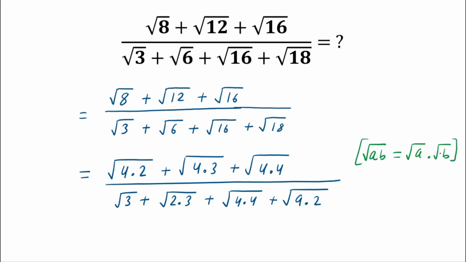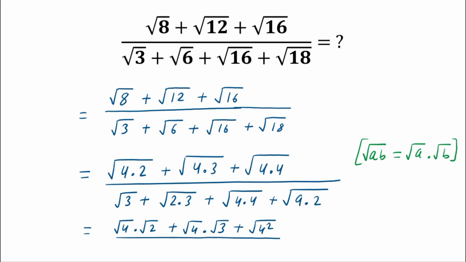According to this rule, we can write square root of 4 times square root of 2 plus square root of 4 times square root of 3 plus square root of 4 squared, divided by square root of 3 plus square root of 2 times square root of 3 plus square root of 4 squared plus square root of 9 times square root of 2.